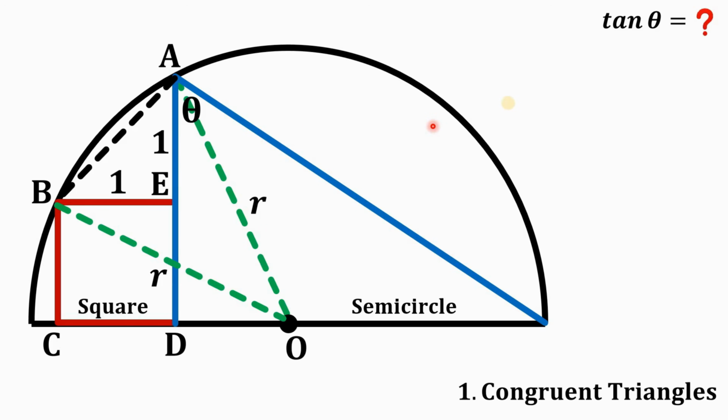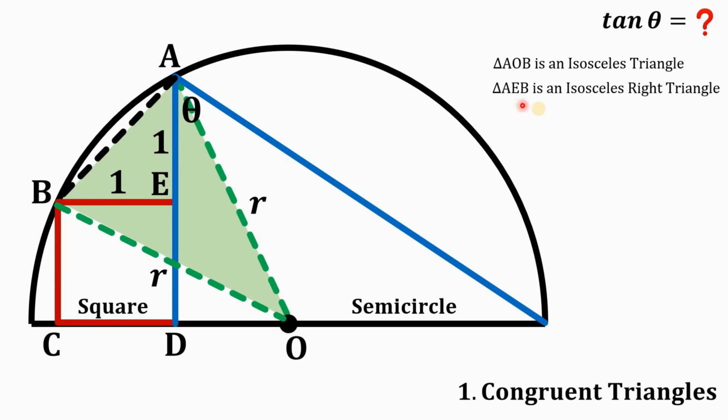Now, take note, this triangle AOB is an isosceles triangle because two sides are equal. Also, take note that triangle AEB is an isosceles right triangle because this angle AEB is a right angle. From here, let's connect point E and point O. From here, take note that OA simply equals OB because they are both equal to the radius.